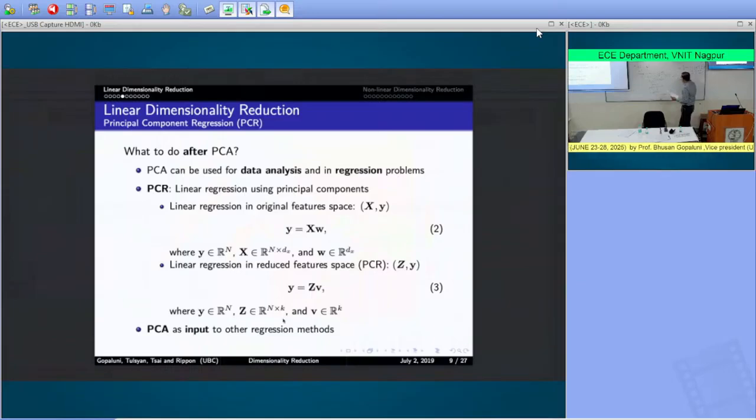It's the eigenvector of the covariance matrix for the largest eigenvalue. Okay, this is the eigenvector. Lambda 1 is the largest eigenvalue.